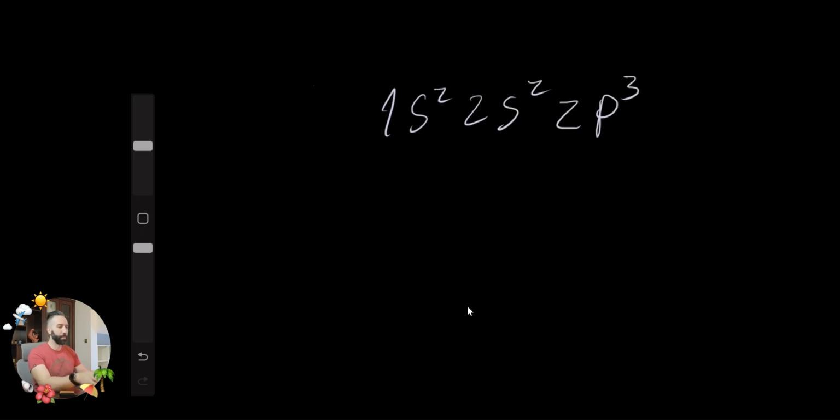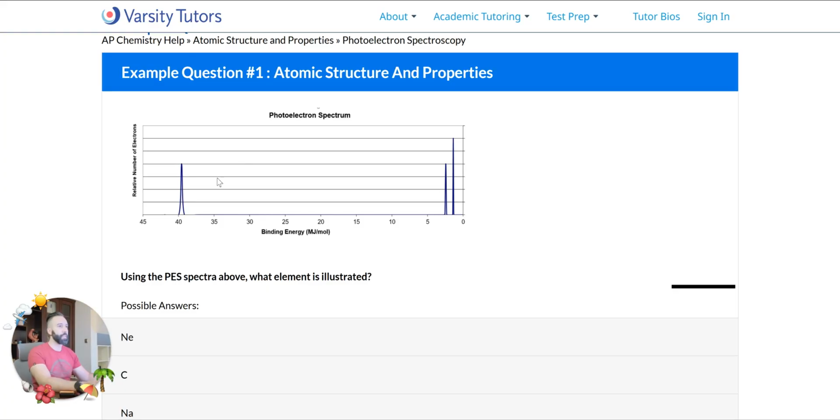We already determined we've got 1s2, then 2s2, and then 2p3. And then we just need to find this on the periodic table.